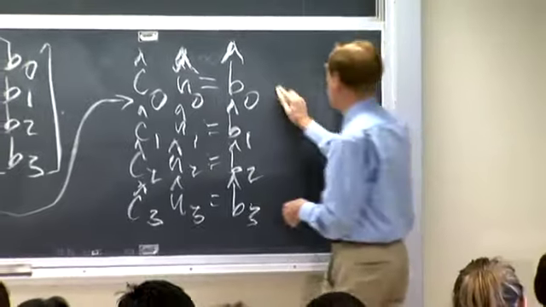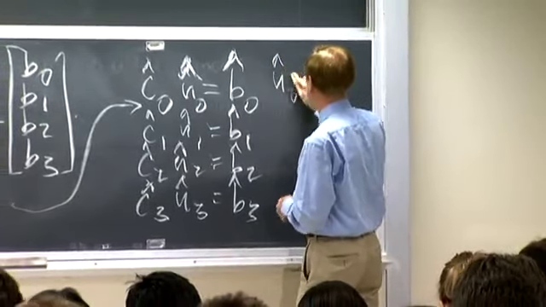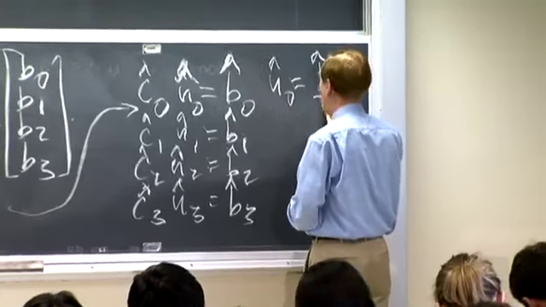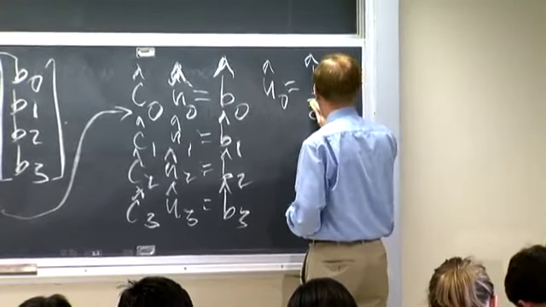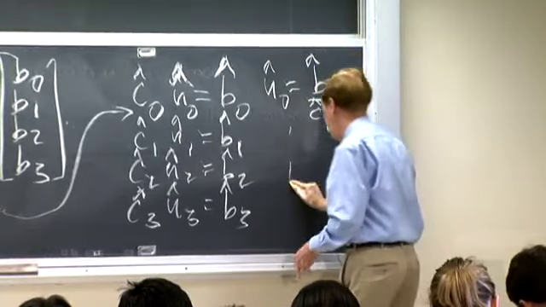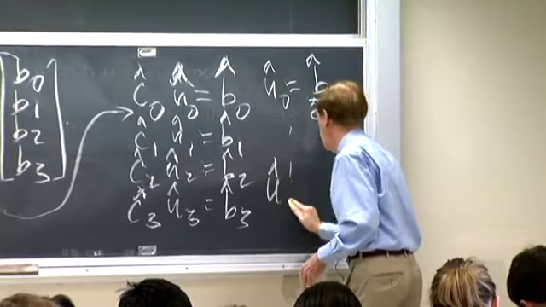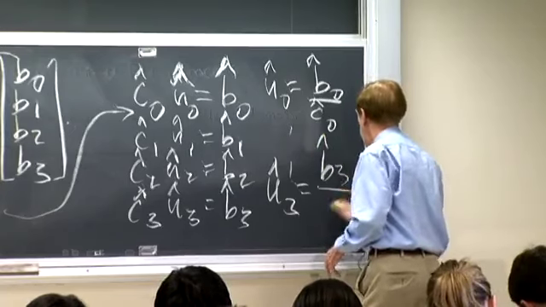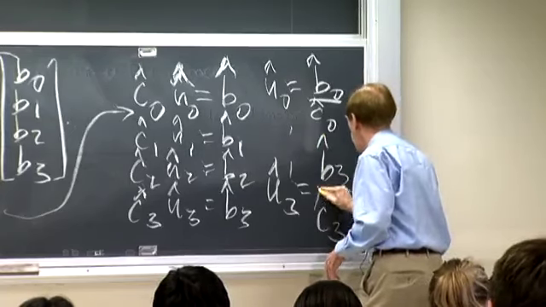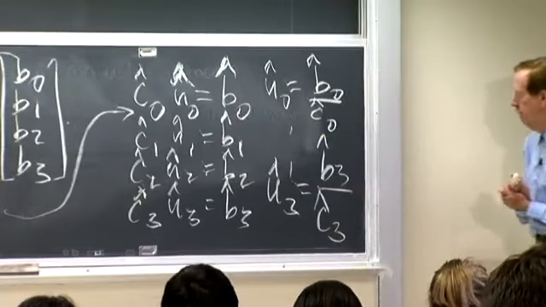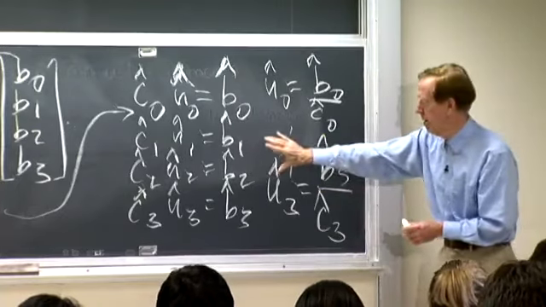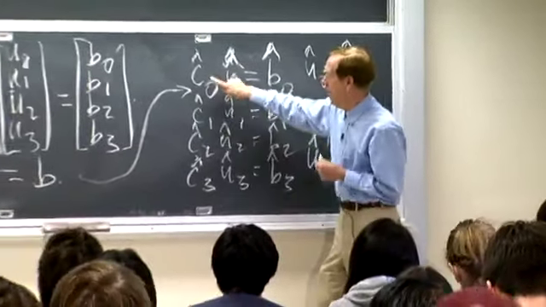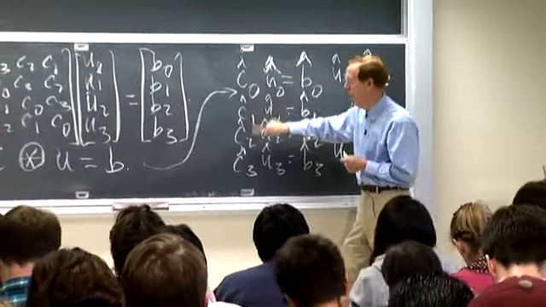Just divide. So now U hat, obviously, I don't have to write all these: B hat 0 over C hat 0, right? I just do a division. So on down to U hat 3 is the third component of B hat divided by the third component of C hat. Okay, now don't forget that in going from here to here, I had to figure out what the C hats were.